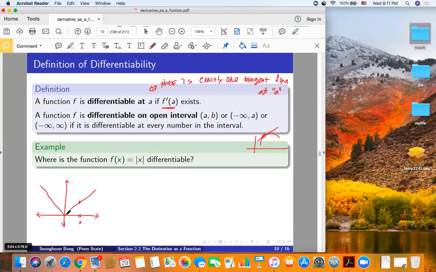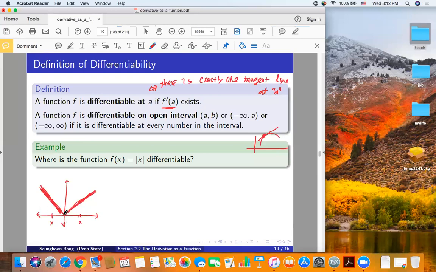You can draw a tangent line exactly the same as this line. We have one tangent line. So f of x is differentiable at positive numbers and negative numbers, it doesn't matter.